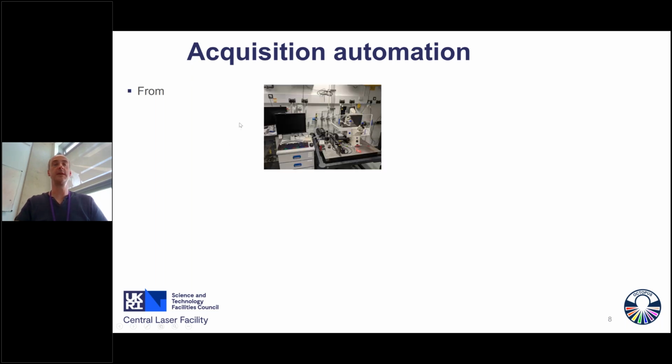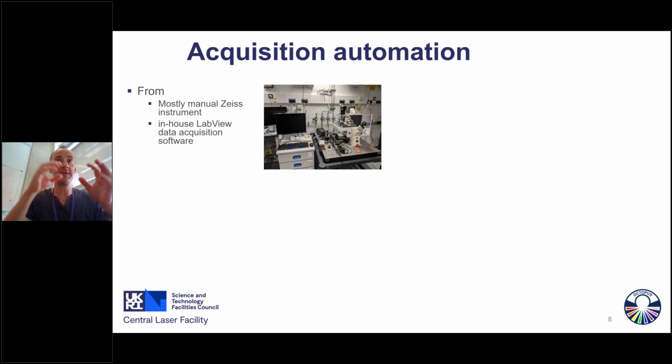So as I said, we need to imagine some nice automated microscopes. We developed FLImP on our mostly manual Zeiss microscope using in-house data acquisition software written in LabVIEW. Pretty much everything you want to do involves twiddling a knob, finding a field of view by hand, manually doing almost everything.